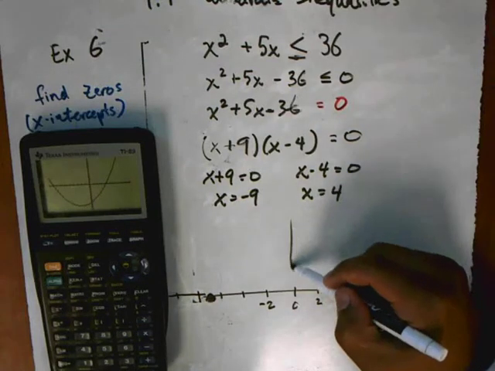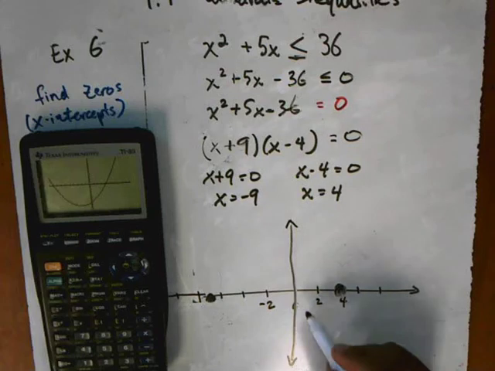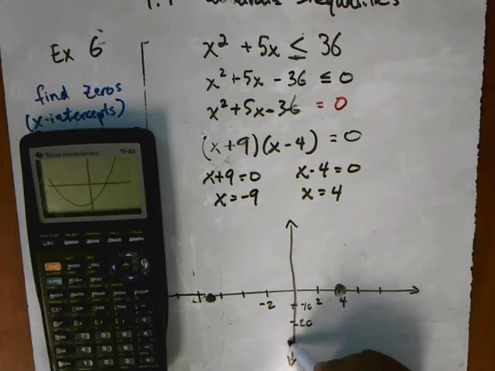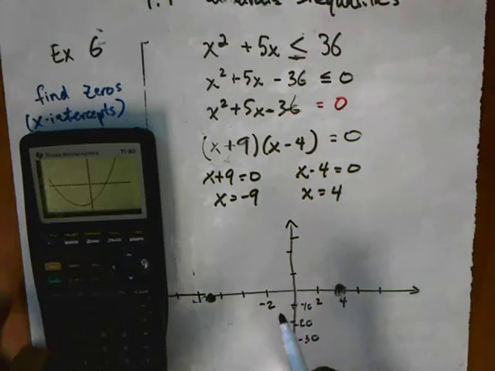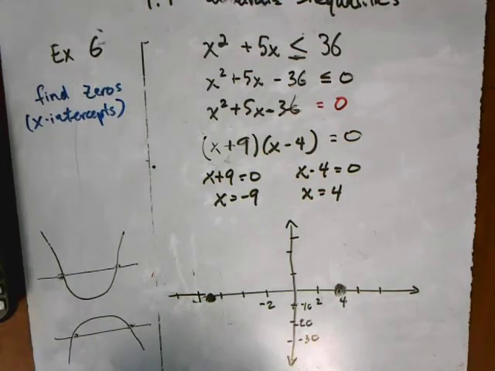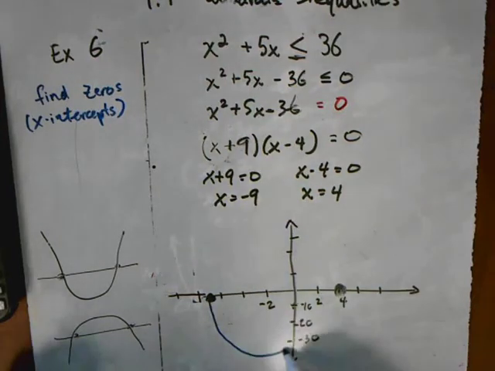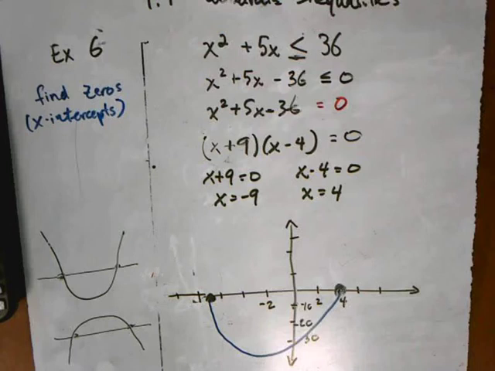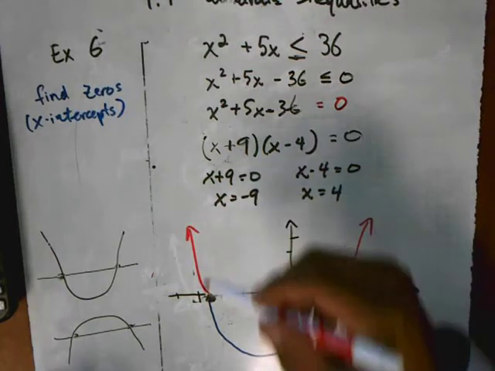Okay, so now that I have that image there, I'm going to go by tens here. And so by looking at this, between these two intercepts, it does something like this. And then just like last time, continues here.